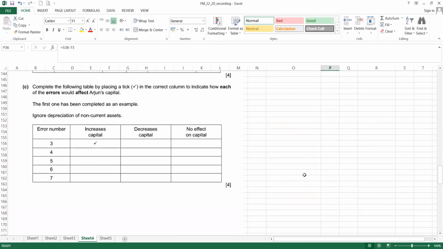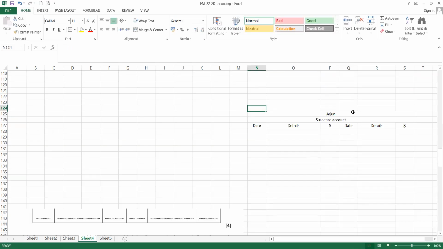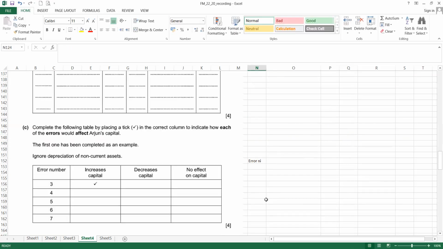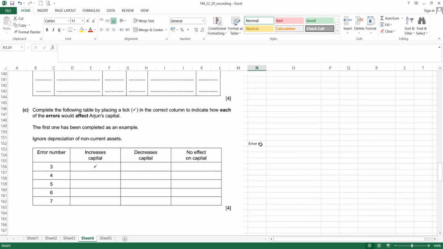Okay, complete the table by placing a tick to indicate how each of the errors will affect the Arjun capital account. So let's see what's the information. We go to all the adjustments that we made. I type in the impact info first. Error number.